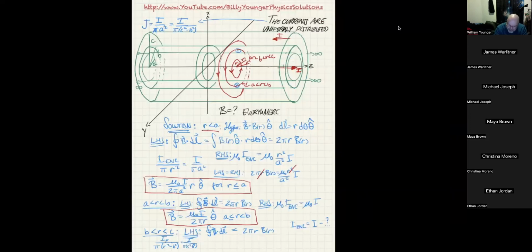So what I'm saying is this quantity right here is what we labeled I_P.